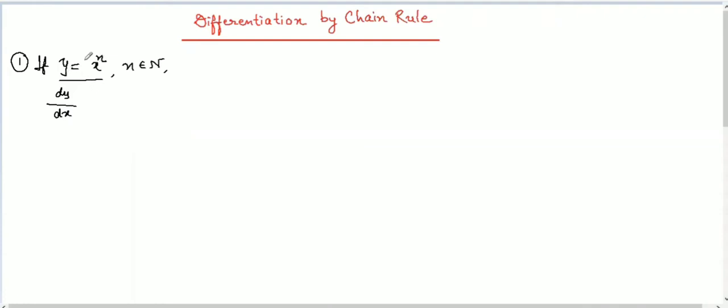We are differentiating this function y with respect to x because our function is in x. So how to differentiate? The rule says bring down the power in front of x, so n will be there, and the function which is given, x, with the power minus 1. So this is the rule of differentiation.